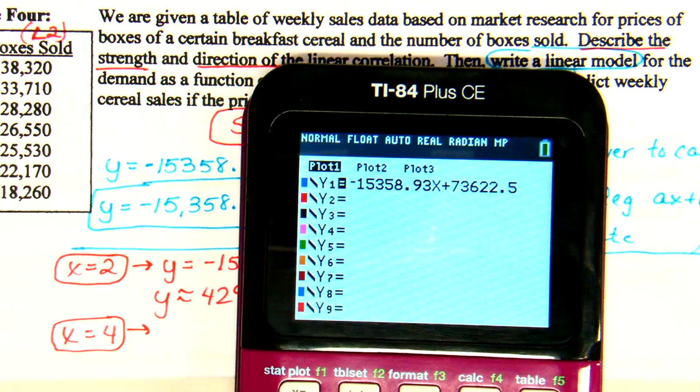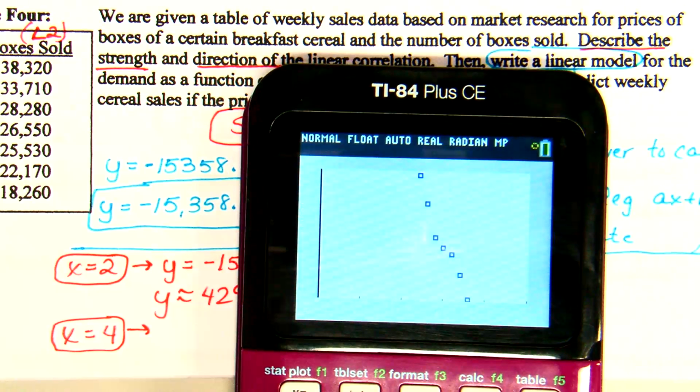If I type that in and I graph it, first of all, notice it's graphing right over my dots, yes? My dots are already there. Do you remember when you have an equation, how you can type an x value in and it will give you the y value? How we use trace? If you hit the trace button on the equation, there is a slight catch here.